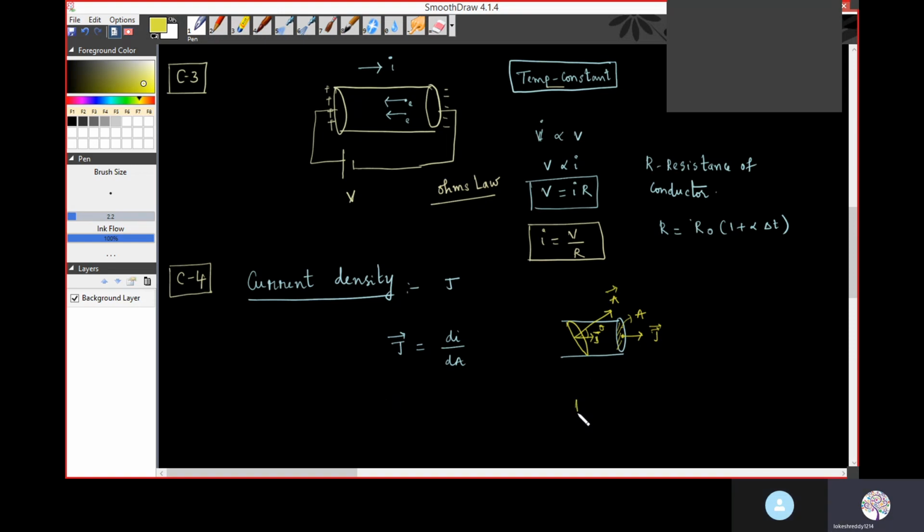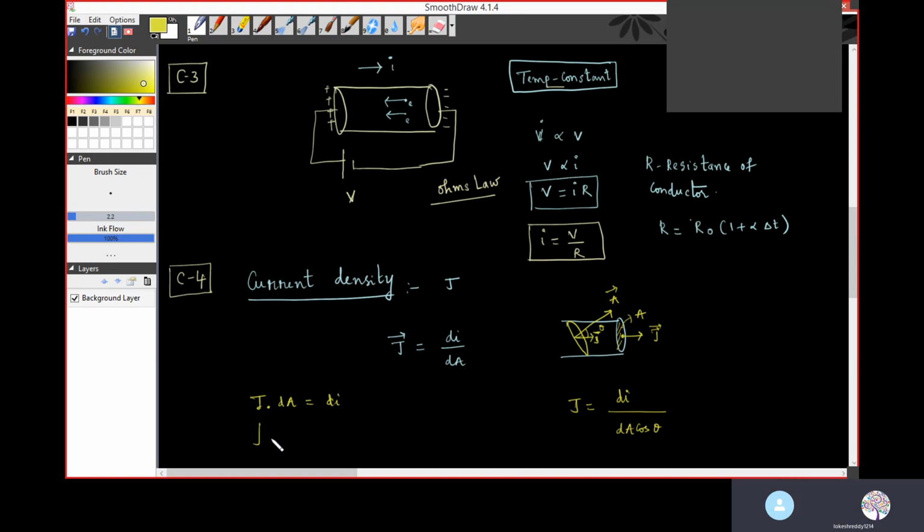Then we will write J, current density, is equal to, let us take that current dI is flowing through that, by dA cos theta, or else you can write J dot dA is equal to dI.